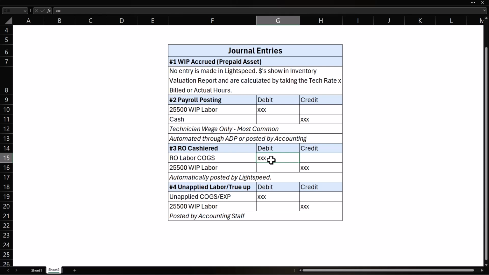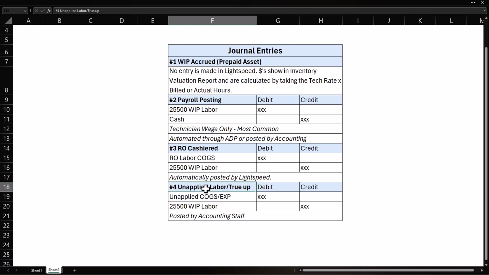Then in April, when you get paid for them, you're going to show straight revenue with no cost. So your cost and your revenue aren't lining up. But if you're using this WIP process, then your revenue and your cost of goods sold line up together, and you can see an accurate margin as you go throughout your year.